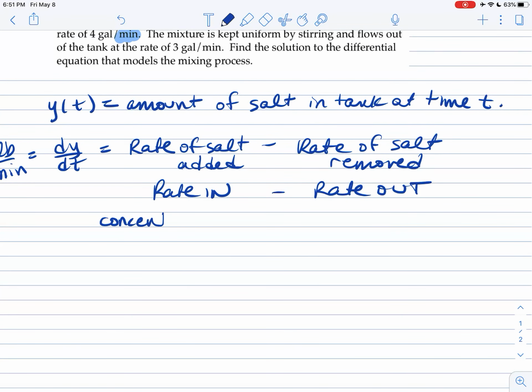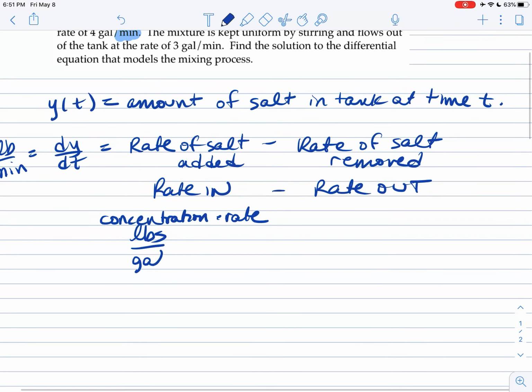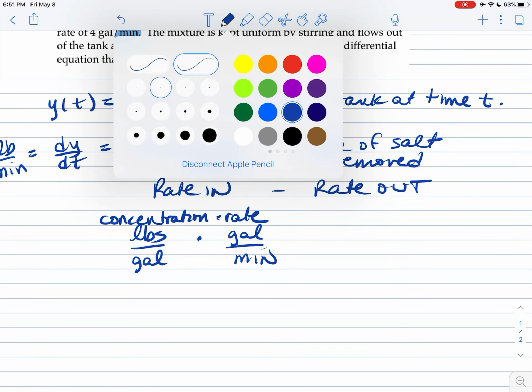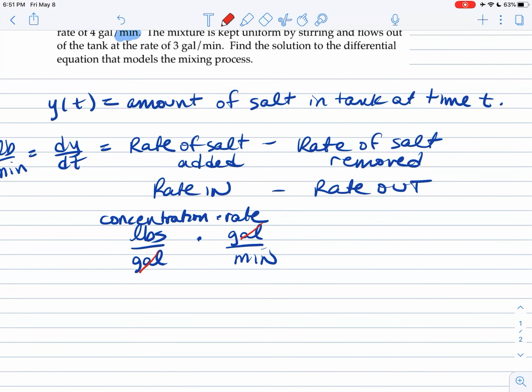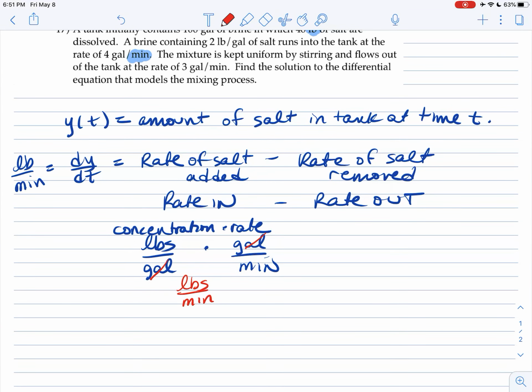If we look at concentration times our rate, we would have pounds per gallon, since our volume is measured in gallons, but then our rate would be gallons per minute. From that dimensional analysis we can cancel our gallons and we would get pounds per minute, right? And that would line up with our dy/dt. So you can see that this is a good model for the mixing procedure.